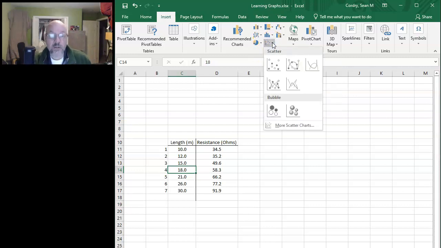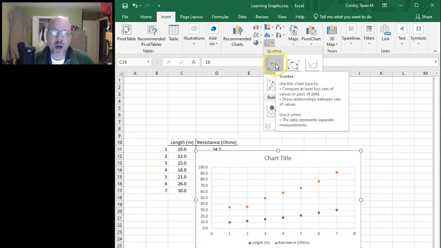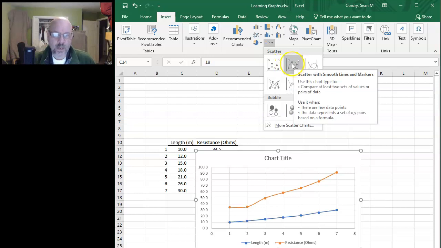I'm going to hit the down arrow. Now I've got a lot of options. We are going to always use this one right here. Well, I shouldn't say always; 99% of the time we're going to use this one. We do not want the program to put a line on there for us, because we don't necessarily know what it's going to do.